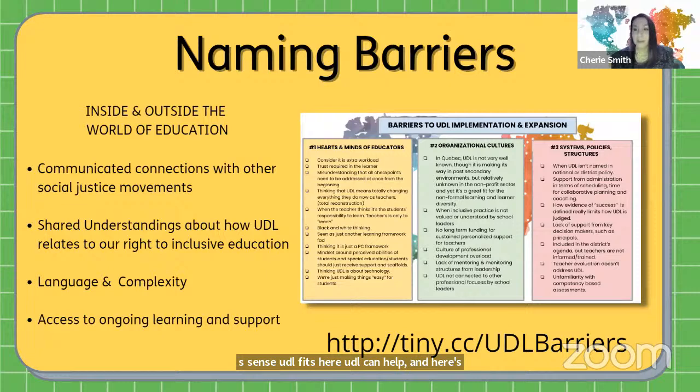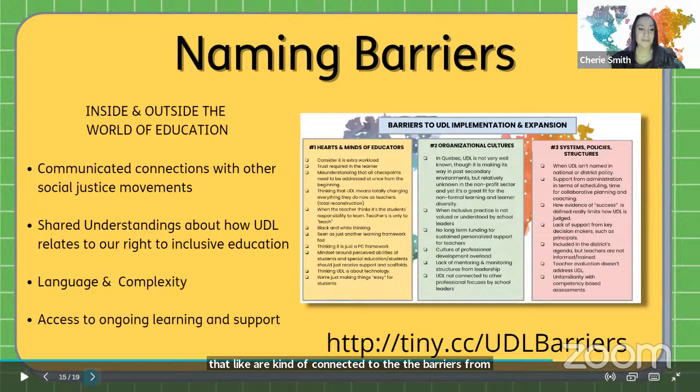We want to help the people around us have a shared understanding. We know that UDL has specific language and that there's a certain complexity that comes with it. And we want them to be able to access ongoing learning and support. So those are some of the barriers or some of the big ideas that are kind of connected to the barriers from our session that we use to inform our BHAG.